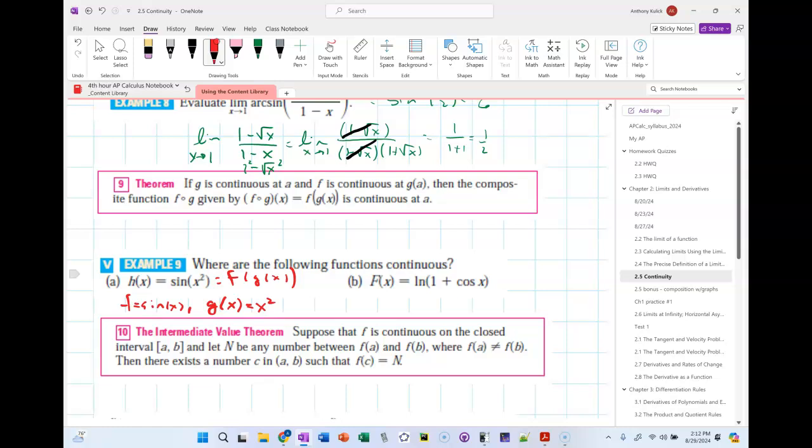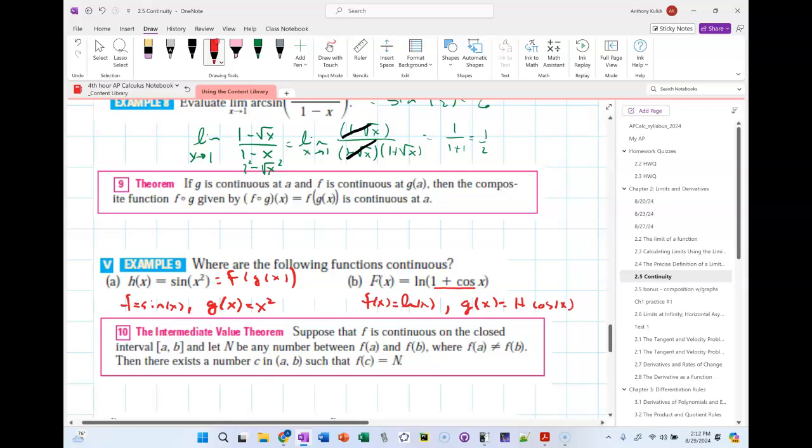Let's look at part B. The domain for the inner function is all real numbers. What's the domain for the outer function, though? 0 to infinity. Okay.